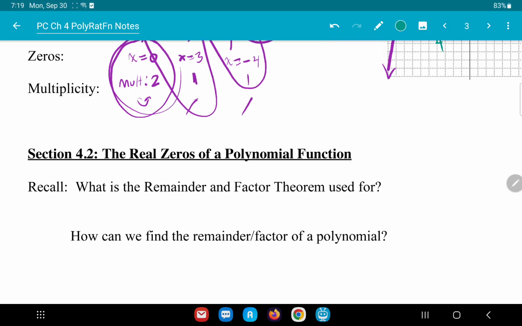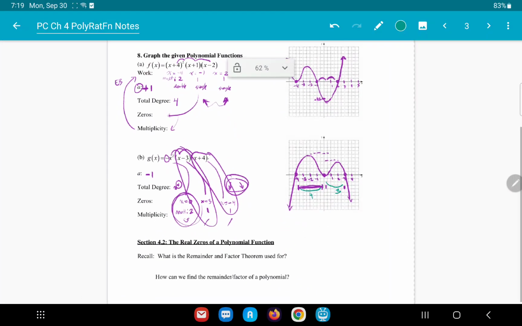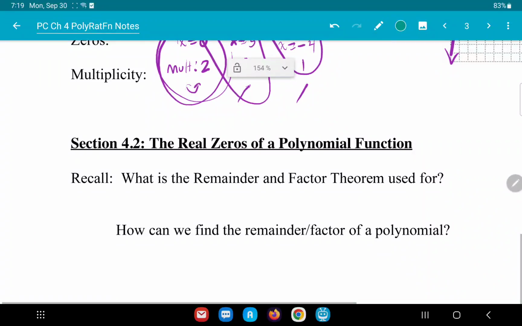Let's go back a page, and let's discuss what the remainder theorem is. So I'm just right here at the bottom of this page. So the remainder theorem, what is it used for? Basically, the remainder theorem, when you divide a polynomial by a binomial, let's go ahead and do that.